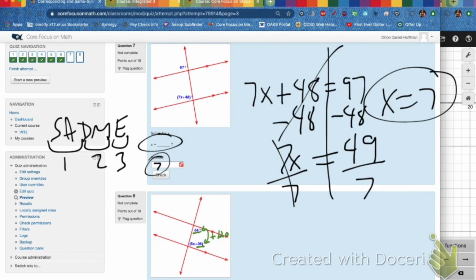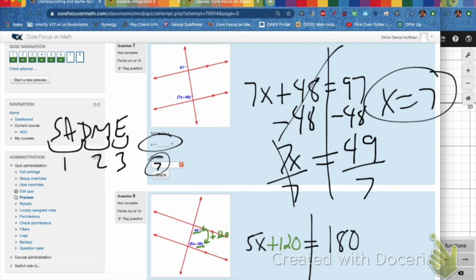So I've got my 5x still. I only have one of them, so it's just 5x. But then in green, I'm going to keep it positive 120. And that adds to 180 because they're same side interior. So that is how you set up number 8.